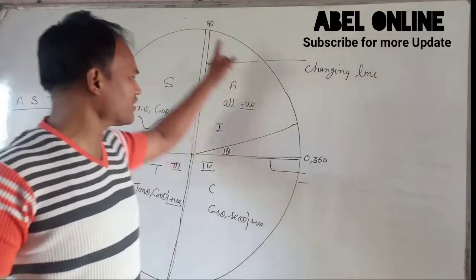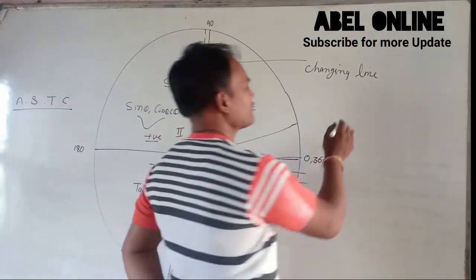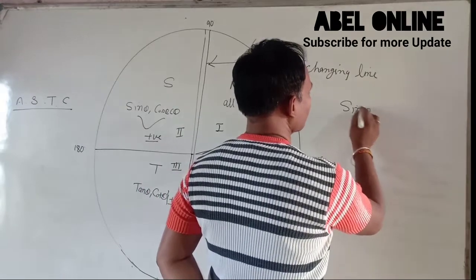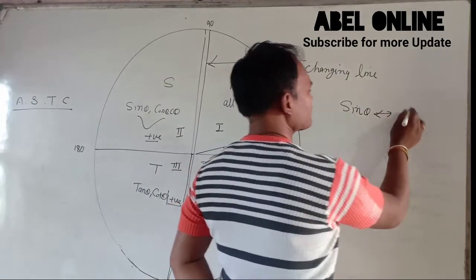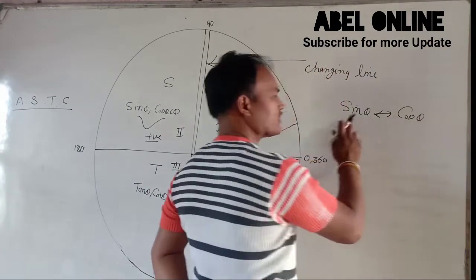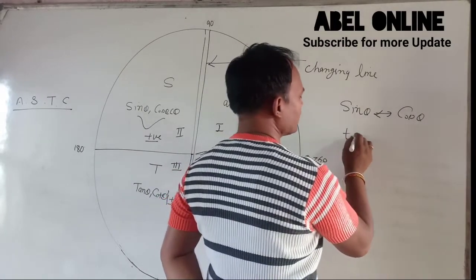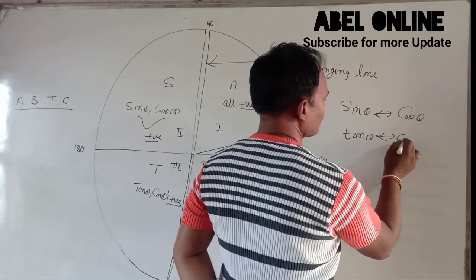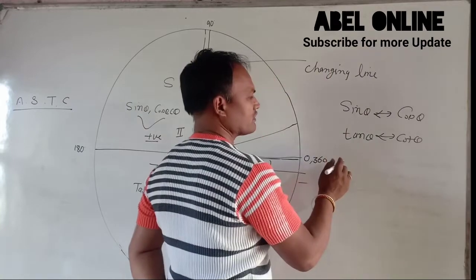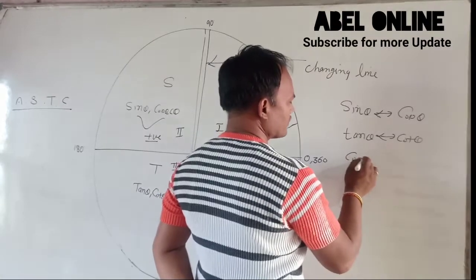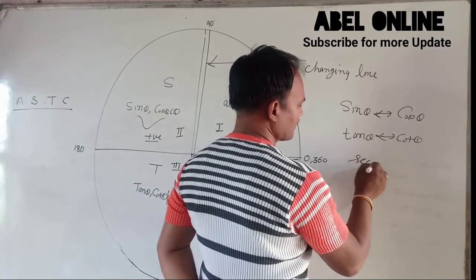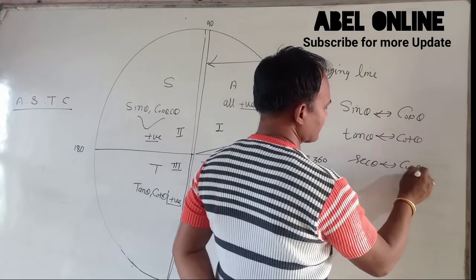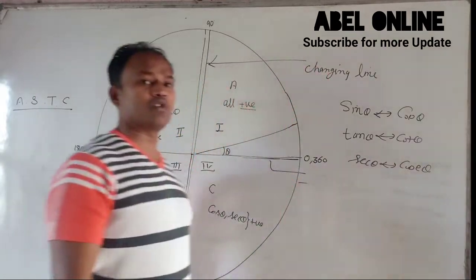And why are we saying that this is a changing line? Because sin theta is converted into cos theta, cos is converted into sin, tan theta is converted into cot theta, cot theta is converted into tan theta, sec theta is converted into cosec theta, and cosec theta is converted into sec theta. What are the changes?